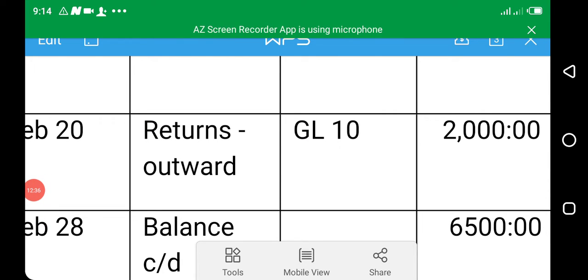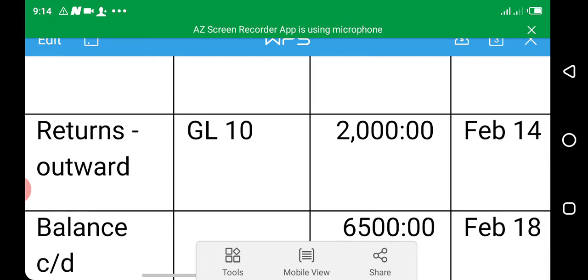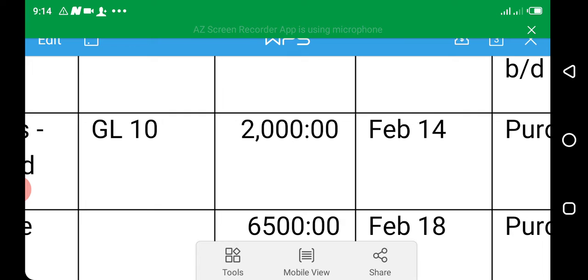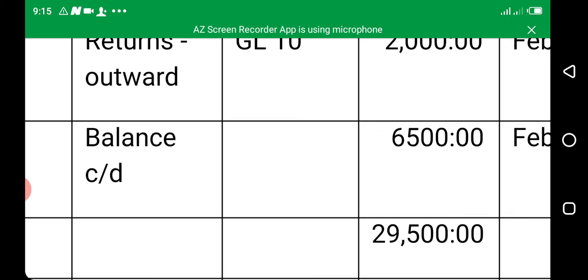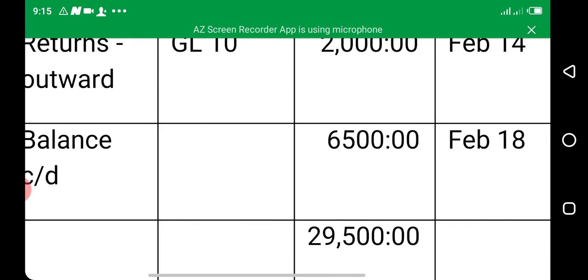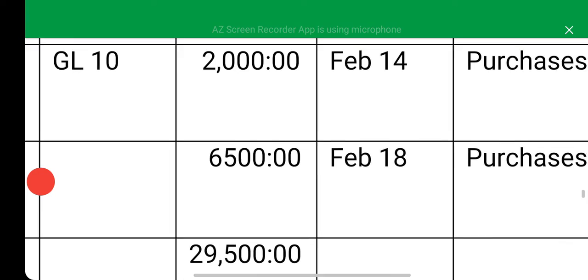The General Ledger page 8 is where the information comes from. So that is 2,000 naira return outward. Return outwards are the goods that had been previously purchased but later returned to the suppliers due to one complaint or the other. So the balance there represents the difference between the receipt and the payment side.